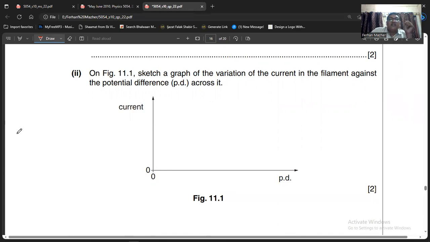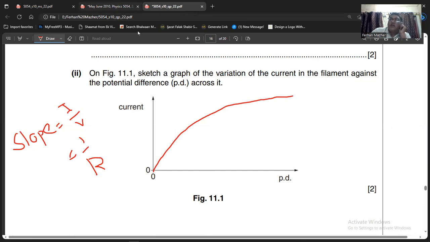Here the gradient, the slope of this graph, will be equal to I by V, and that will basically be 1 by R. Okay. So this should be like this.